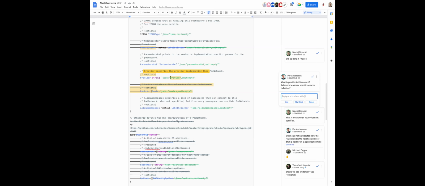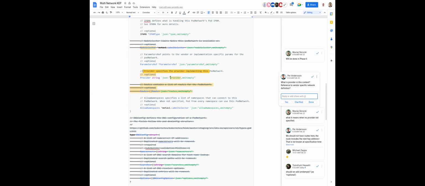Another concern is that this KEP allows users to launch one or more providers.